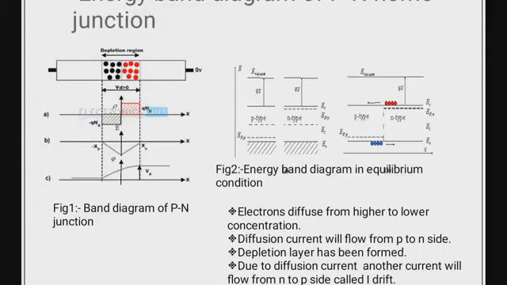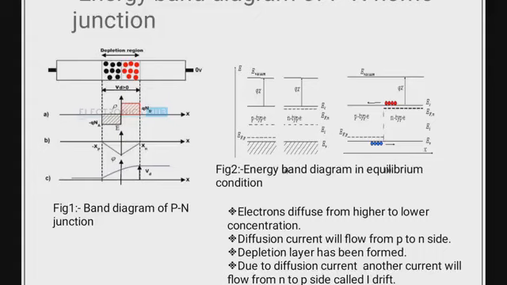Due to these negative immobile ions, the charge carrier density will be negative, and that is why it is drawn below the zero axis.